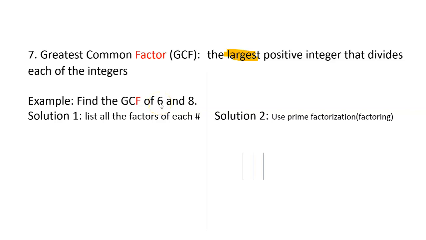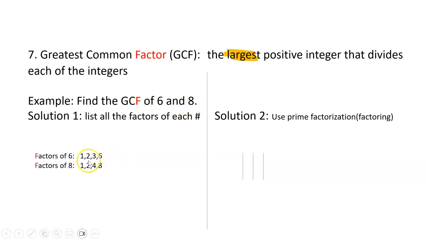So 1 goes into 6, 2 goes into 6, 3 goes into 6, and 6 goes into 6. So we list all the factors of 6. And then next we list all factors of 8. 1 goes into 8, 2 goes into 8, 3 does not, 4 does, 5 does not, 6 does not, 7 does not, and 8 does.